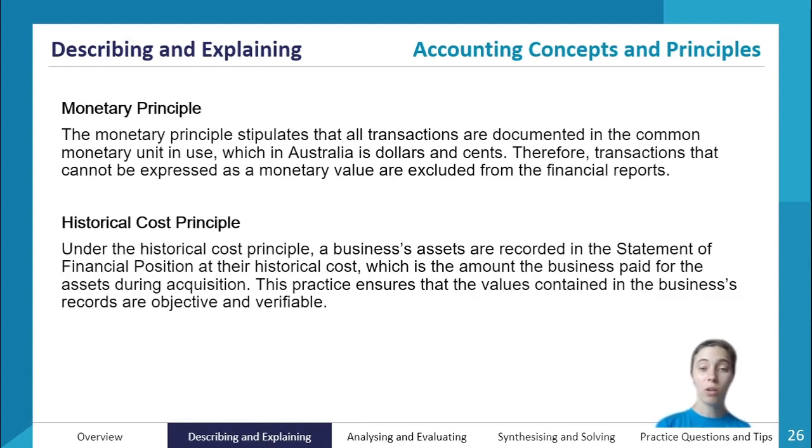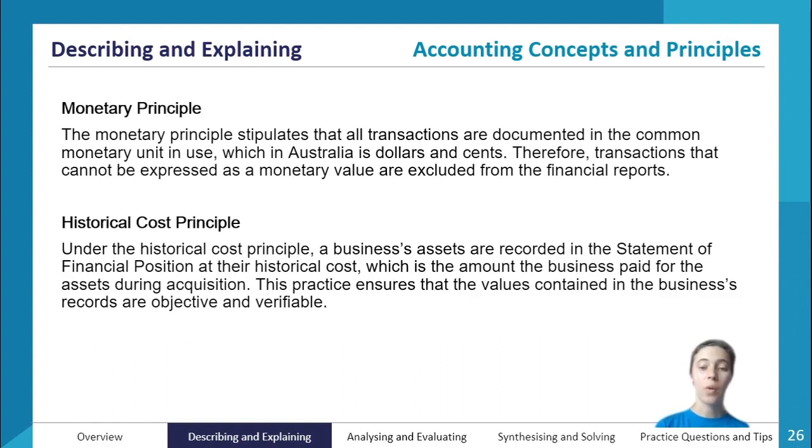The historical cost principle. So under this principle, a business's assets are recorded in the statement of financial position at their historical cost. And this means it's the amount the business paid for the assets when they bought them. So this ensures that the values contained in the business's records are objective and verifiable.